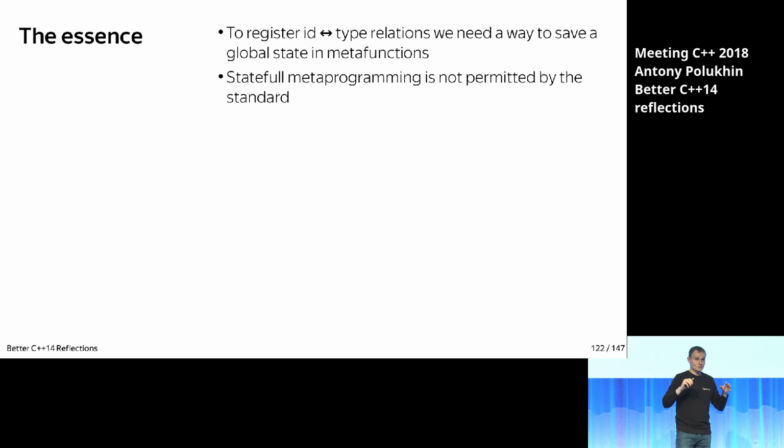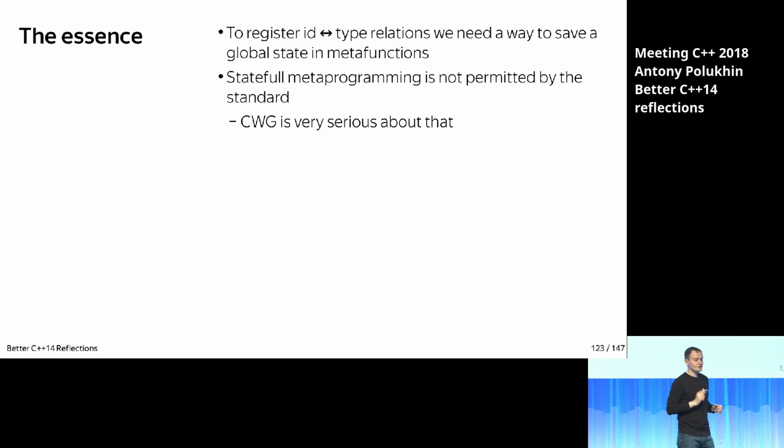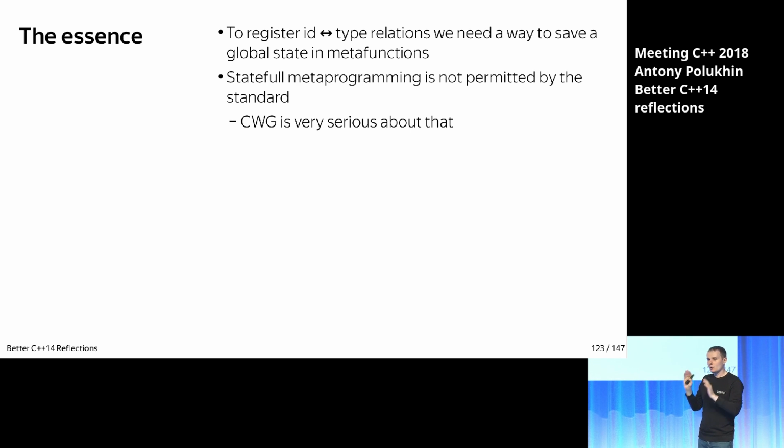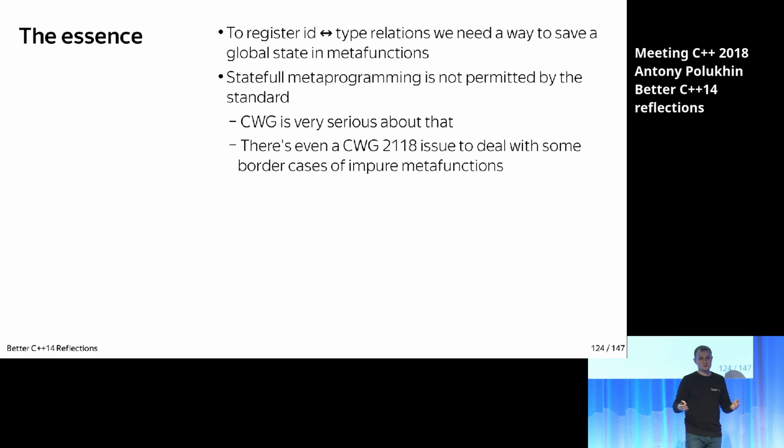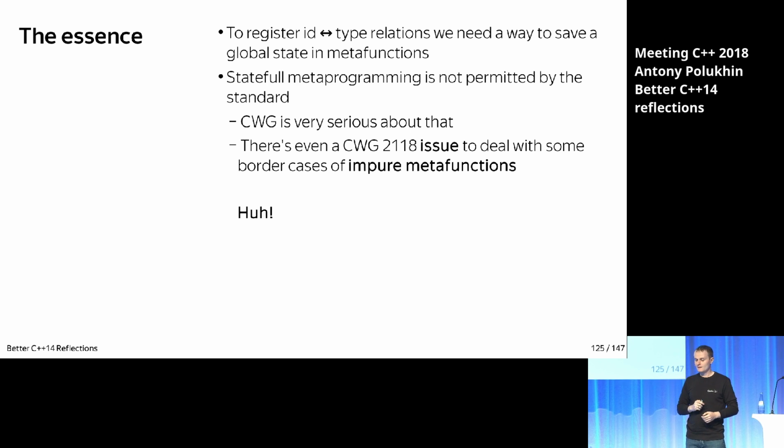And people who do the C++ standard, they're really serious about that. The Core Working Group in C++ takes a look at that. They keep a hand on the pulse and always check that there is no stateful metaprogramming allowed. They even file issues that in some cases the state leaks out of the constexpr context. We can use it.